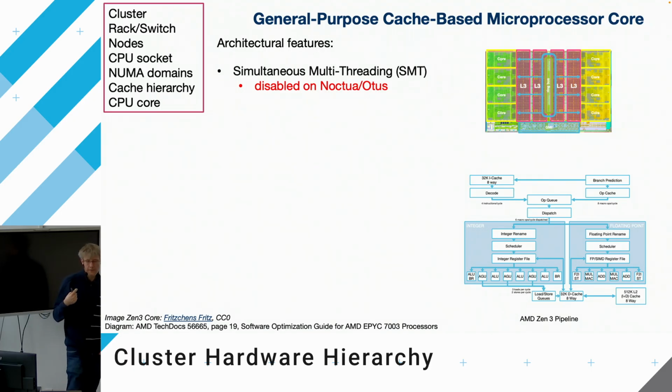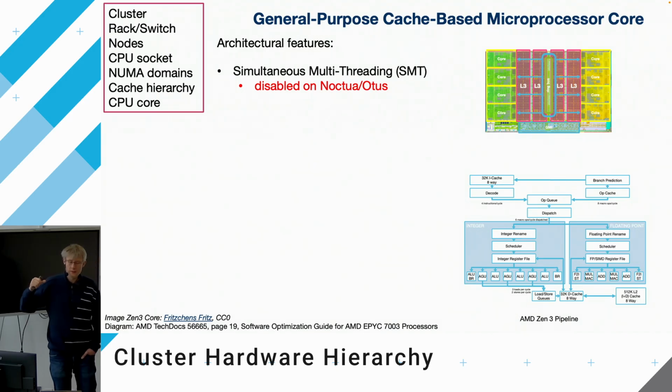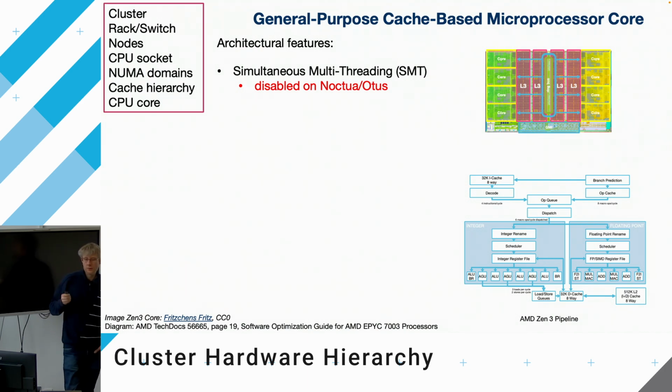But on HPC systems, where you have very optimized applications, this only adds contention between the threads of your application, because the single threads are already good at using the resources of the CPU core.